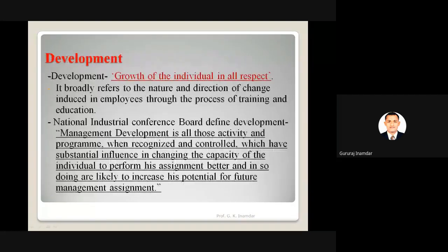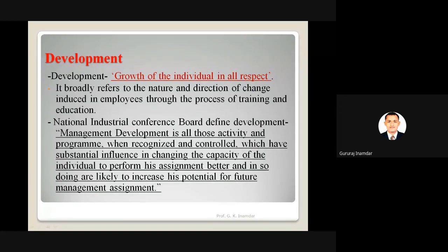Next is the development. What is development? We already discussed: the growth of the individual in all respects. This is a very simple definition of development. Training is nothing but input of staffing, and development is nothing but the output of staffing. Development broadly refers to the nature and direction of change in individual employees through the process of training and education.